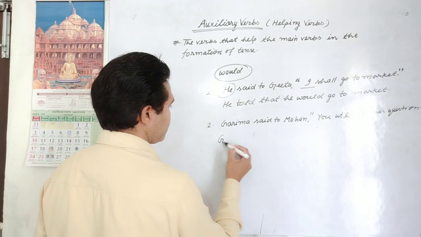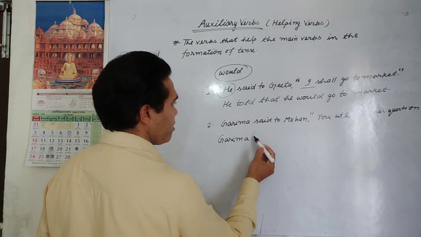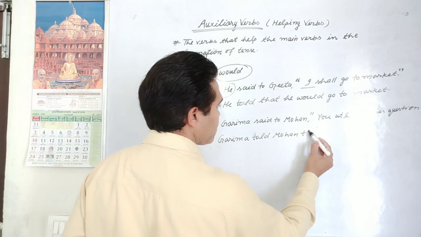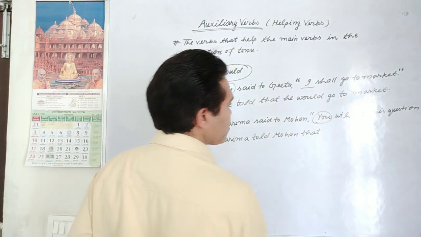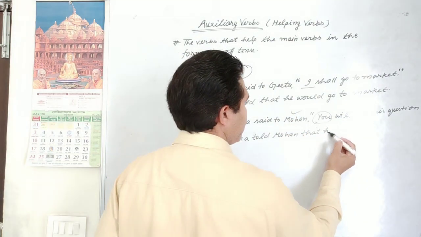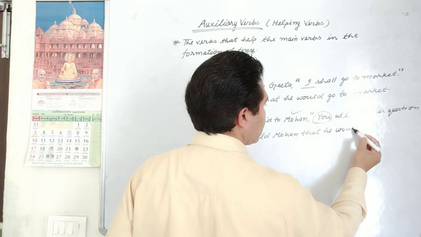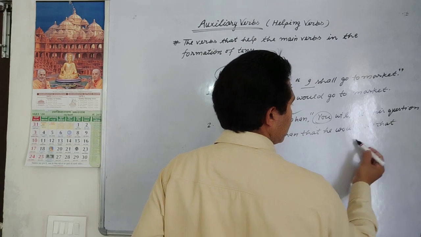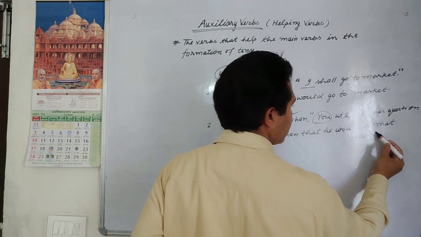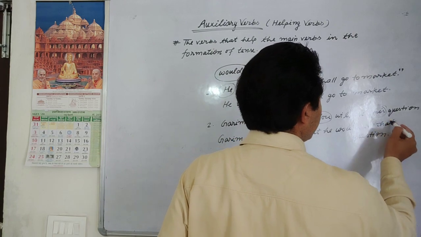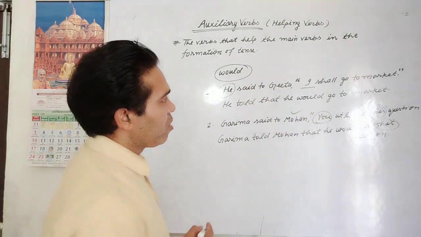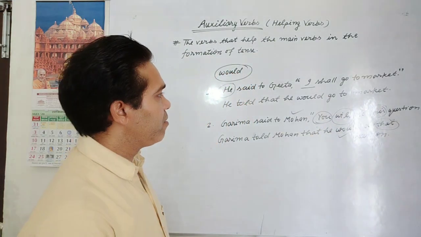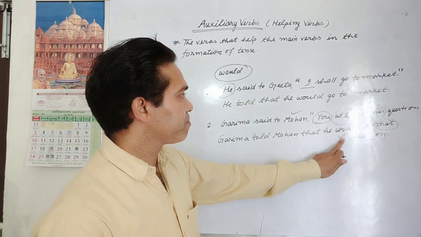Now, Garima told Mohan that you, second person according to object, he would do that question. In place of this, that. So I just want to tell you about will: when we make indirect speech, then will becomes would. Okay.